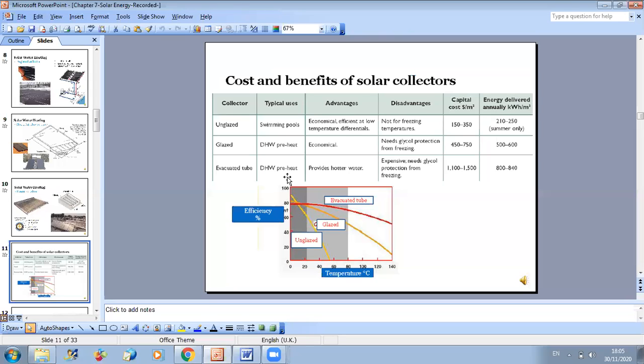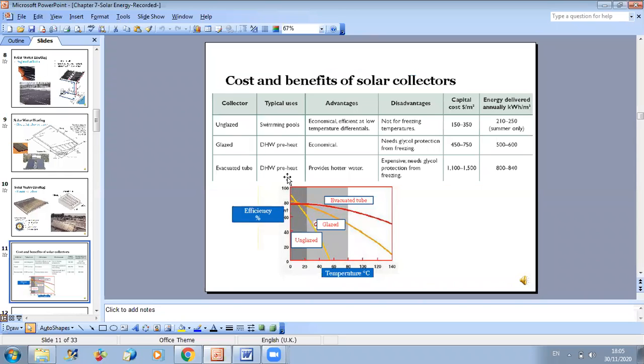It provides hotter water, so if we need, sometimes for a shower, the water should be heated first to a very, very high temperature to kill some bacteria, because it's advised to heat to a very high temperature. And after, when we use it, we can mix this water with cold water. So for these applications, we can use evacuated tube.